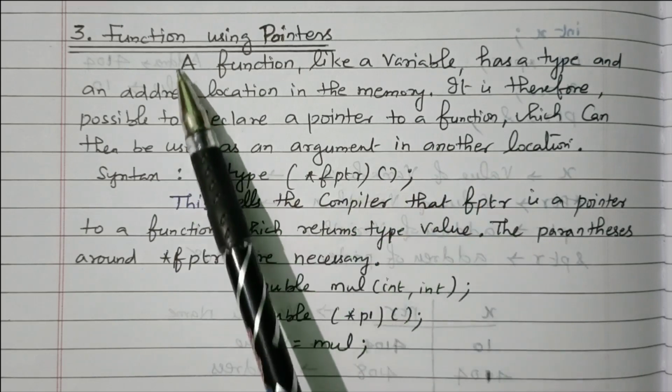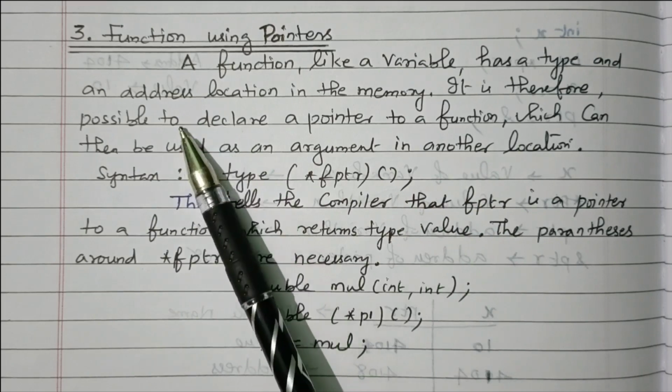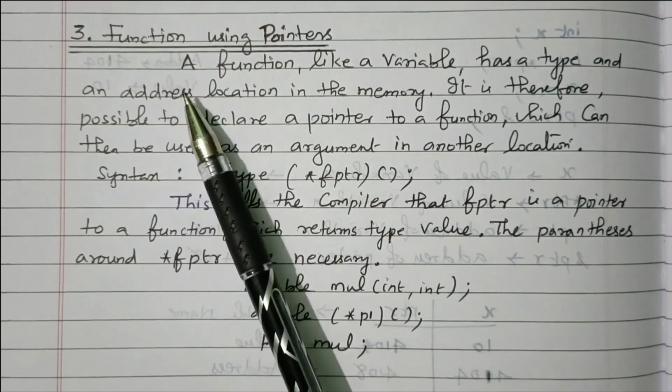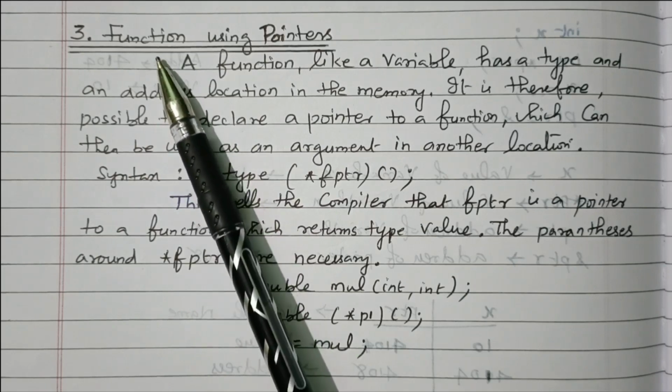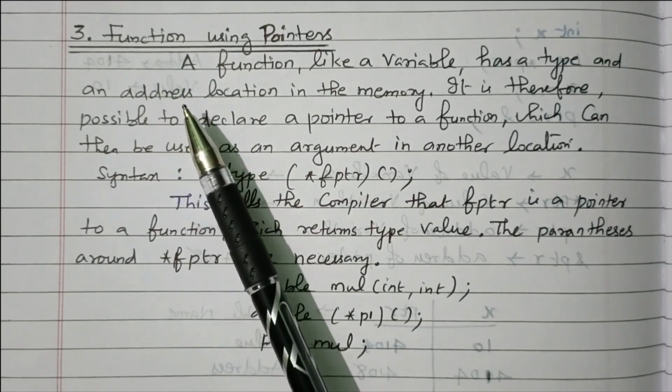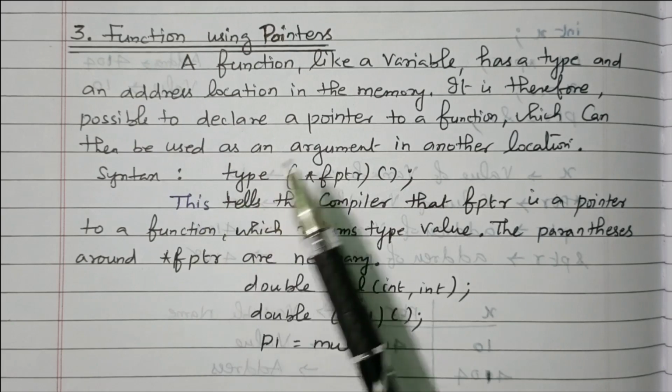We know that a function is a user defined set of program, right? A subprogram. The main program is there, the function is the subprogram. Some specific, repeated task can be declared as a function. So we can call the function, we can define the function, it will return a value.